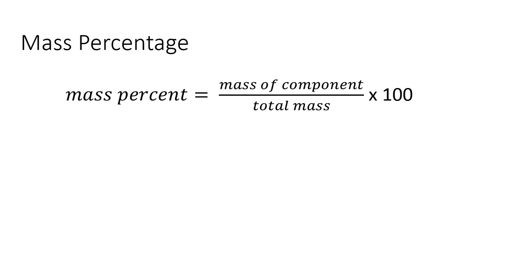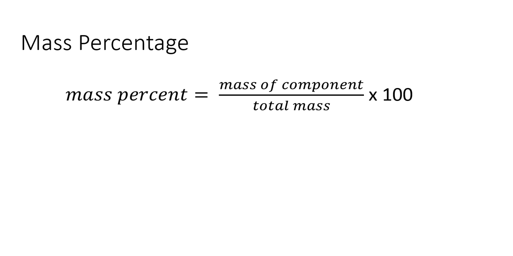There are other units in chemistry as well that do not deal with moles, but instead focus on a ratio of the masses of the components to the total solution. Mass percentage, or sometimes called mass percent for short, is the mass of the component divided by the total mass times 100. Sometimes, however, we have solutions that would have very, very small mass percentages because there's so little solute present.